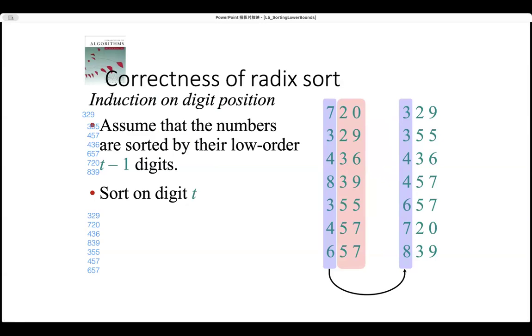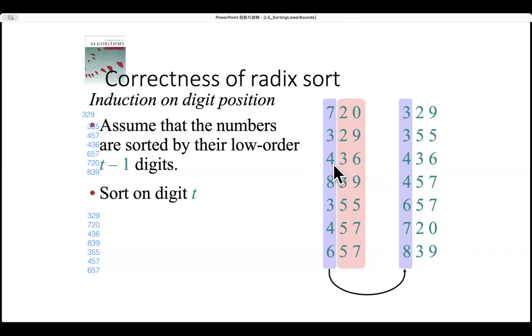Okay. So for example, assume that the numbers are sorted by their low order t minus one digits. Say you are done with the previous t minus one loops. Now you are trying the t-th loop.